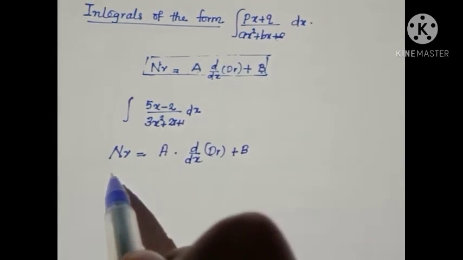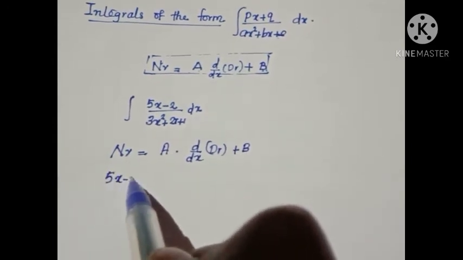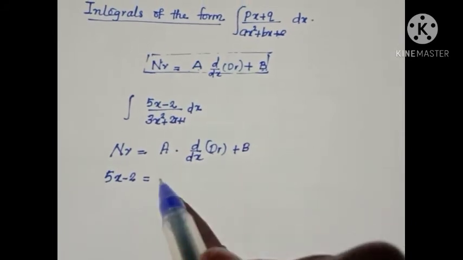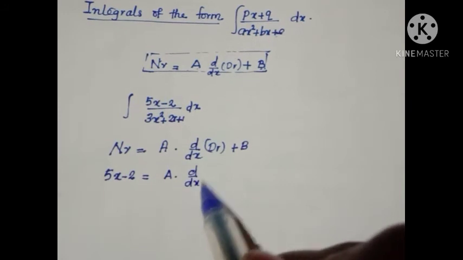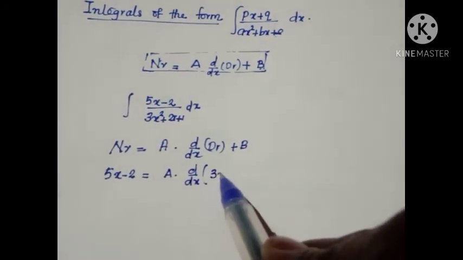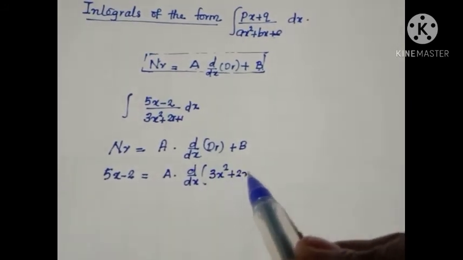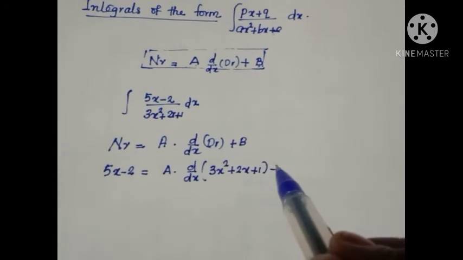Here the numerator is 5x − 2, so 5x − 2 equals a times the derivative of the denominator, where the denominator is 3x² + 2x + 1, plus b.